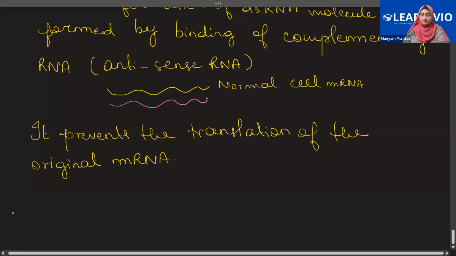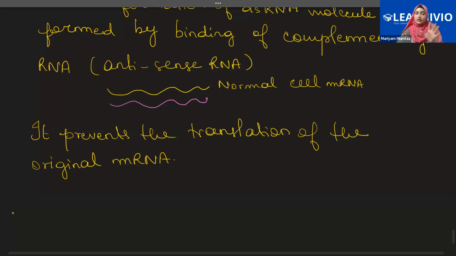This much is clear? All right. Now how do we do this? How do we make a plant that can cause the silencing of genes in Meloidogyne? Meaning in the parasite, when it tries to eat the plant, the mRNA silencing takes place in its body.